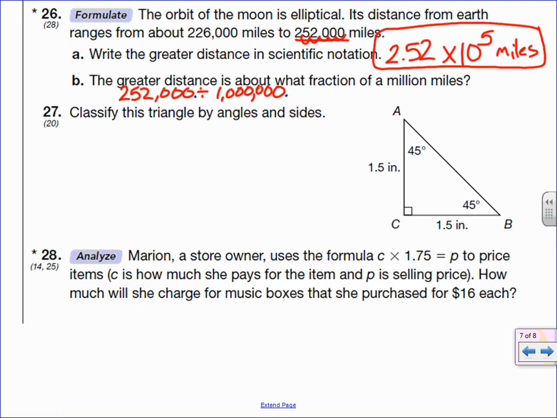And a million has 6 zeros. So 1, 2, 3, 4, 5, 6. So that equals 0.252. And if I'm looking for what fraction, 0.25 is 1/4. So about 1/4 of a million miles.